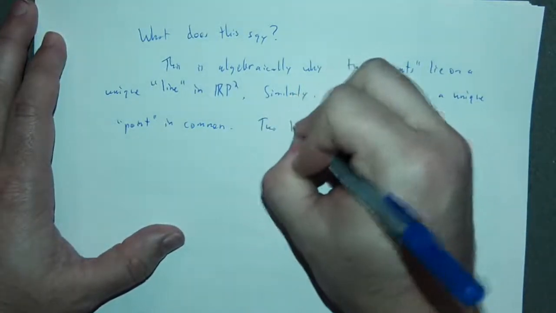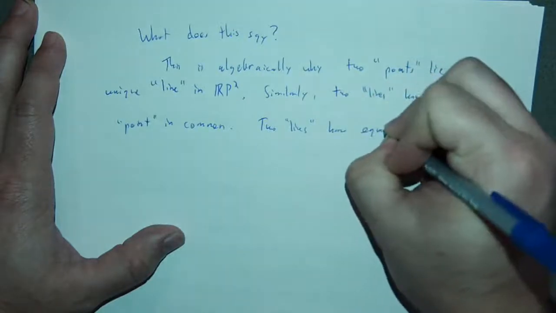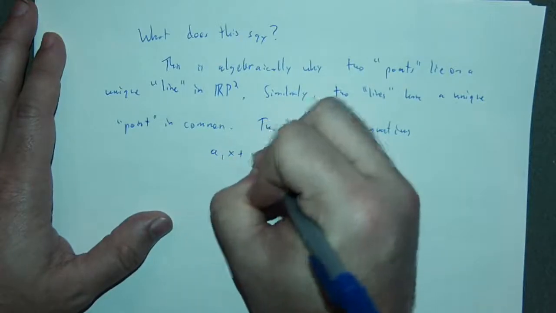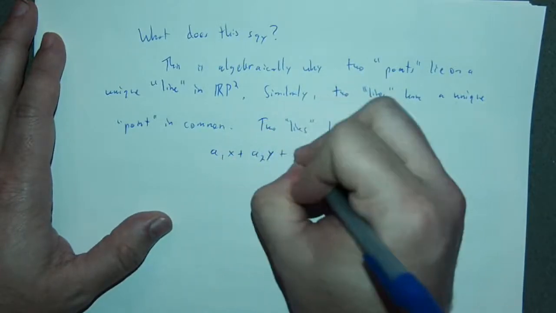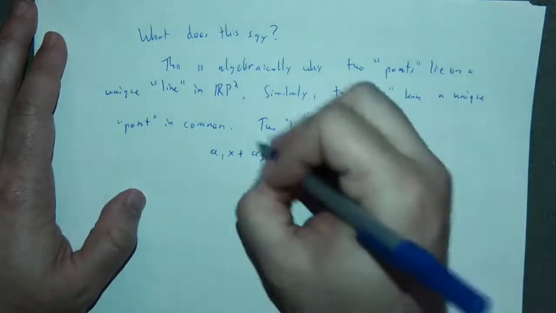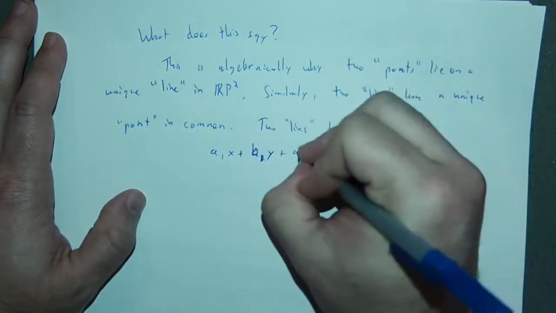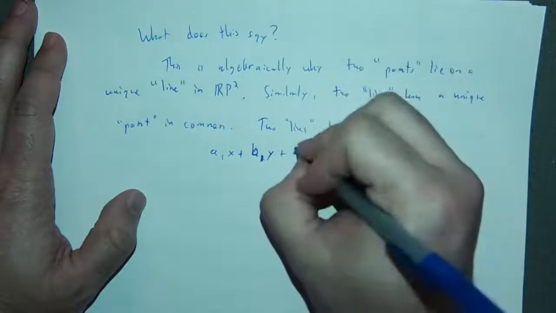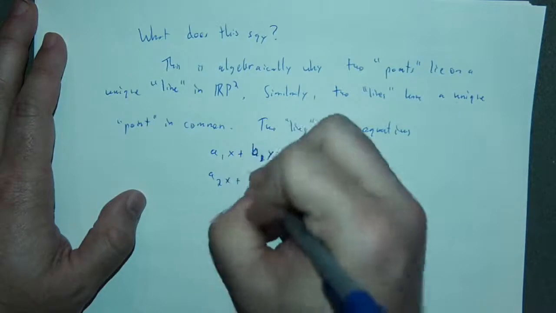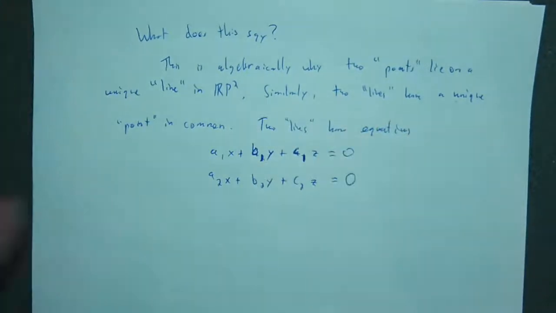Recall 2 lines have equations a1x plus b1y plus c1z is equal to 0, and a2x plus b2y plus c2z is equal to 0.